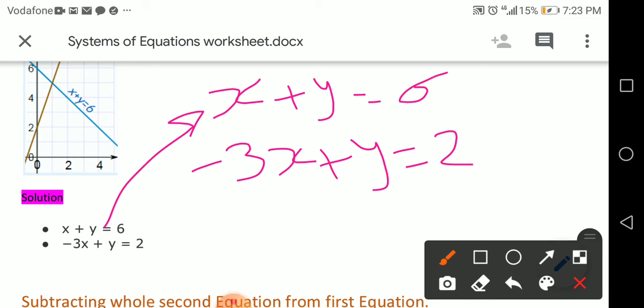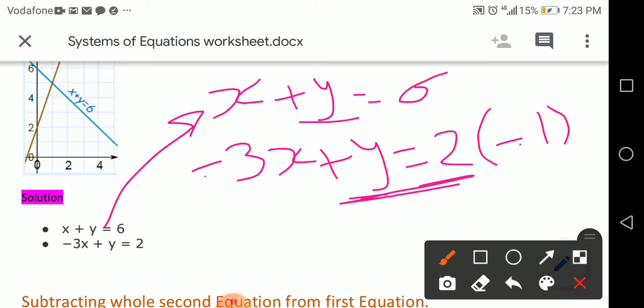So guys, what should I do now? I want to convert this positive y into negative y. Why? To get rid of the variable y. So multiply both sides by negative 1. I'm going to multiply the whole second equation by negative 1. Let's do it.